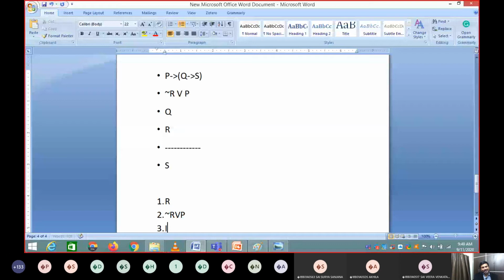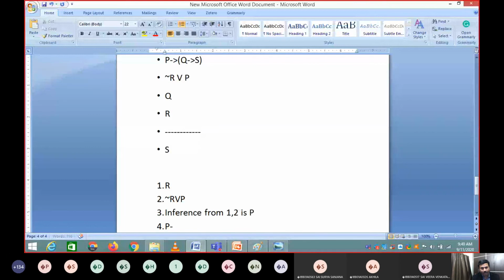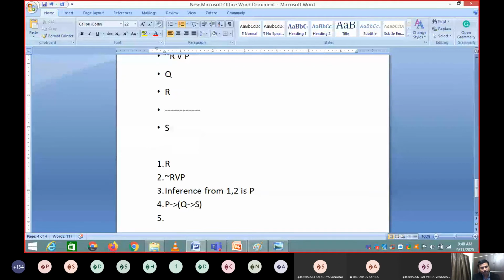So what statement can I take then? When you have something called P, it is better to take some statement which is related to P. Yes, P implies Q. So what can be the inference from 3 and 4? Q, sir.